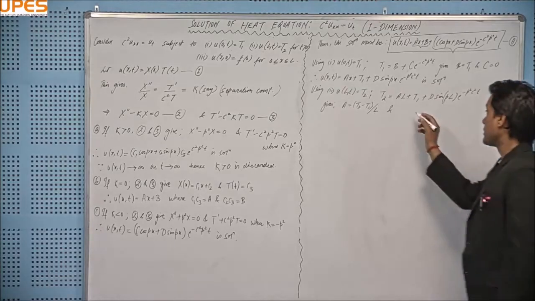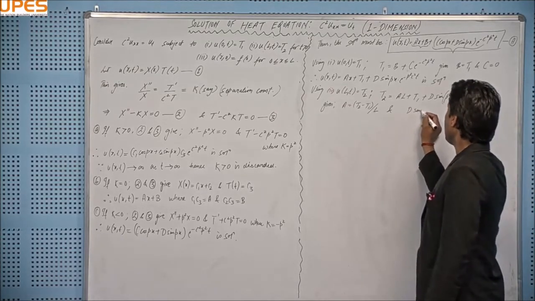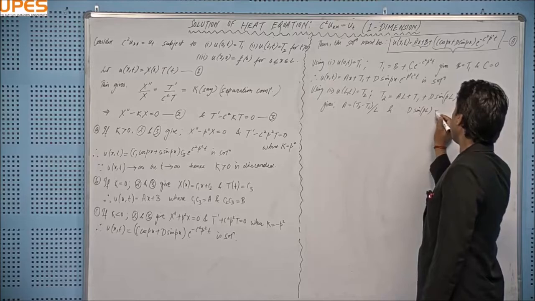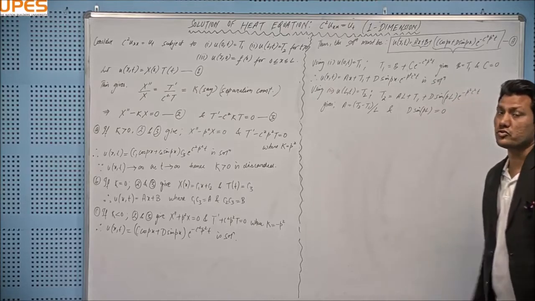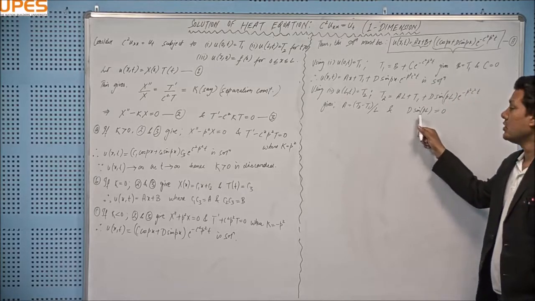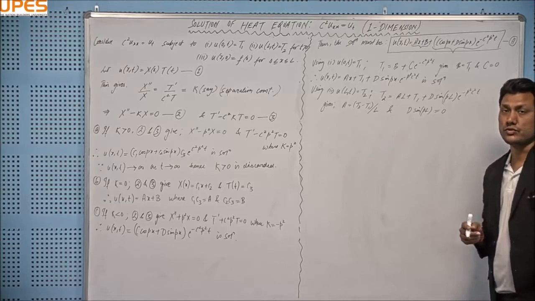Notice this step, d sin PL equal to 0. There are two possibilities: either you choose d is equal to 0 or the sine function equal to 0.